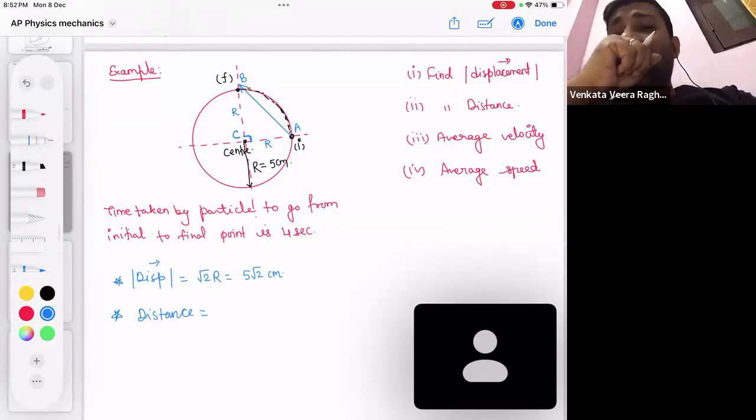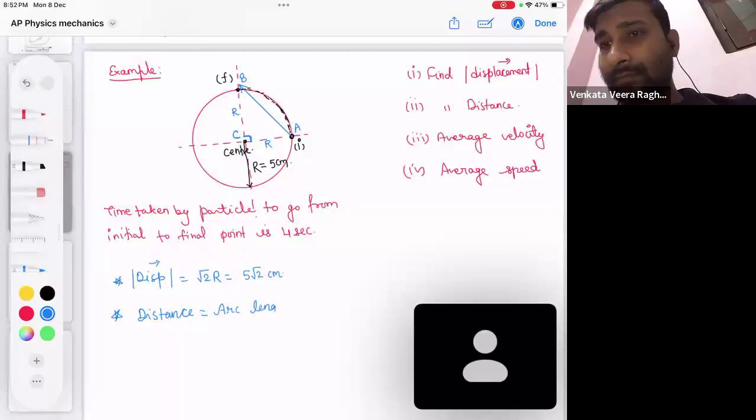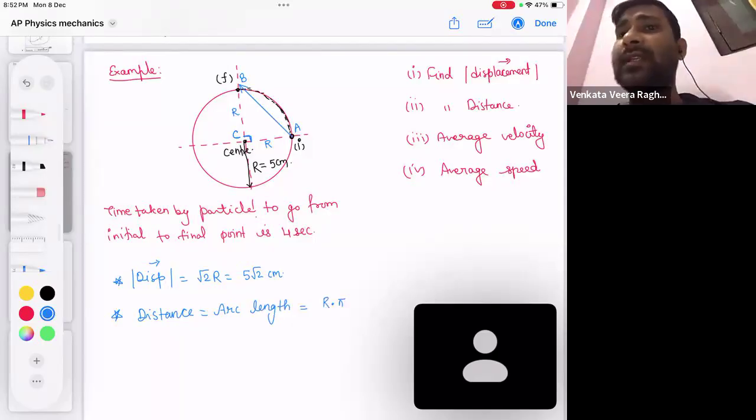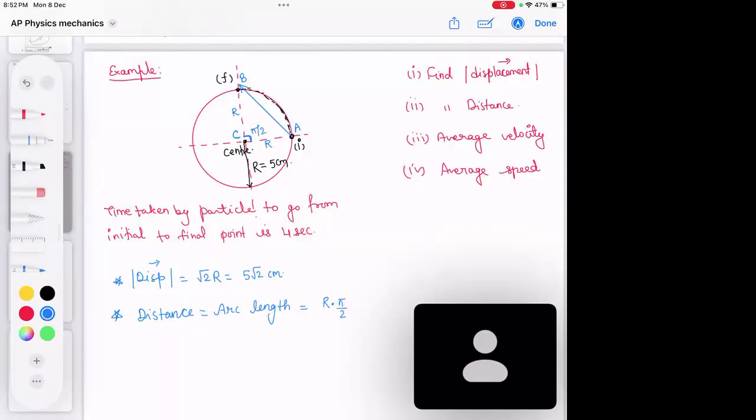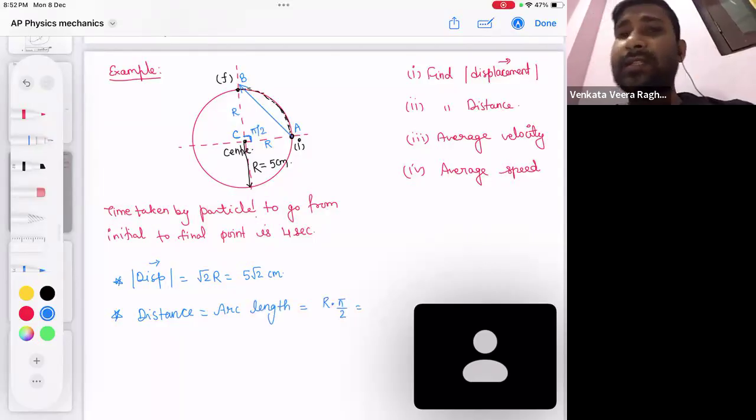So the distance is going to be the arc length, equal to r theta. So r into what is theta? 90 degrees, also called pi by 2 radian. So r into pi by 2, so 5 pi by 2 centimeter.